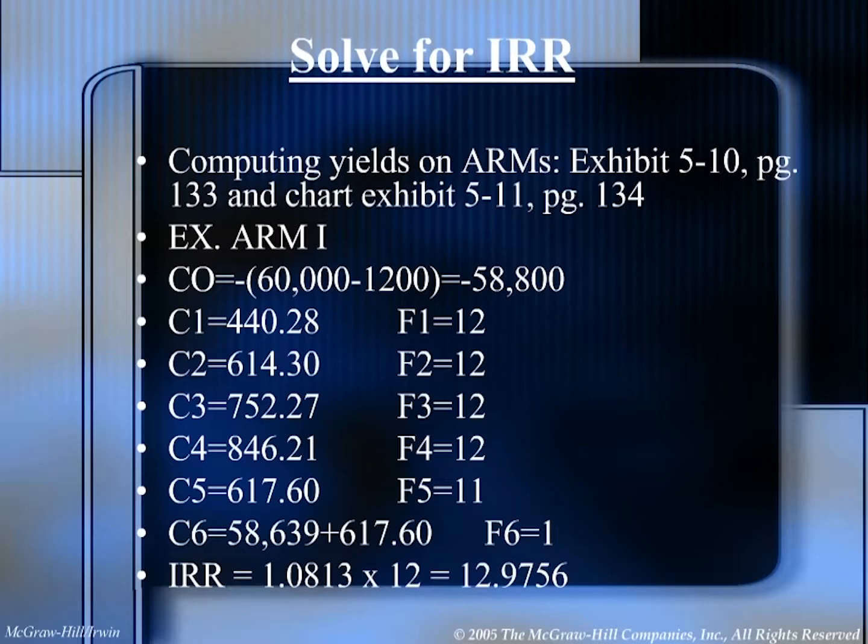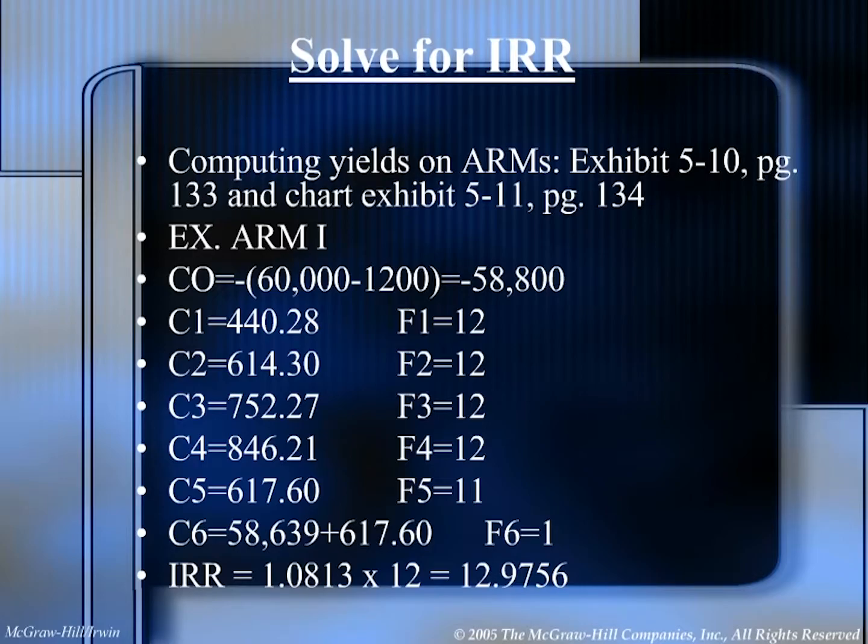So that becomes your cash flow 6, and that only happens once. It's the 60th payment, because you'll see there's 12, 12, 12, and 11, so you've got 59 payments that have gone through, so it's the 60th payment. You're making the principal payment plus your regular mortgage payment.